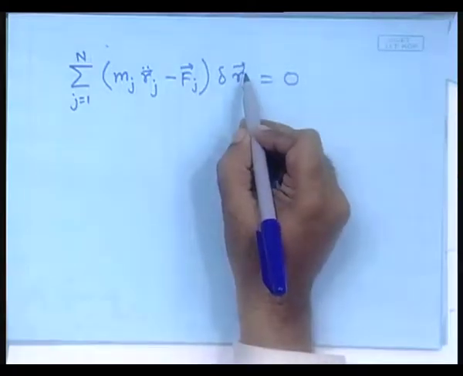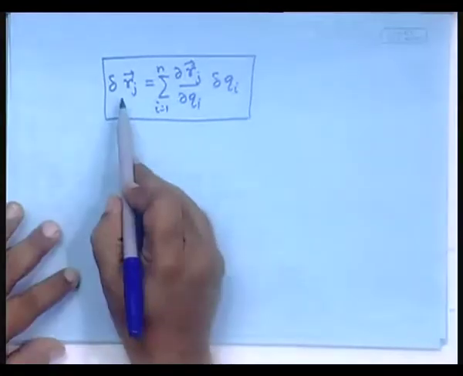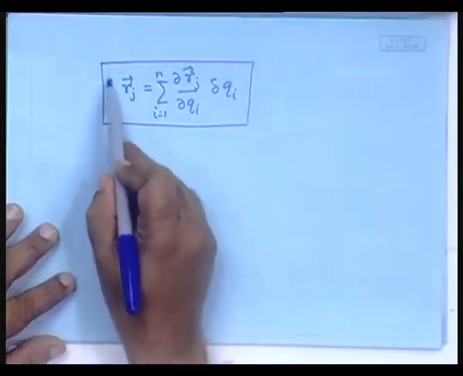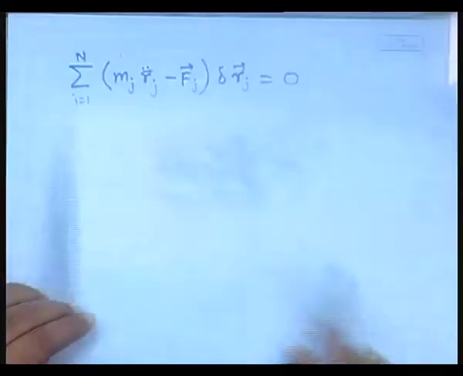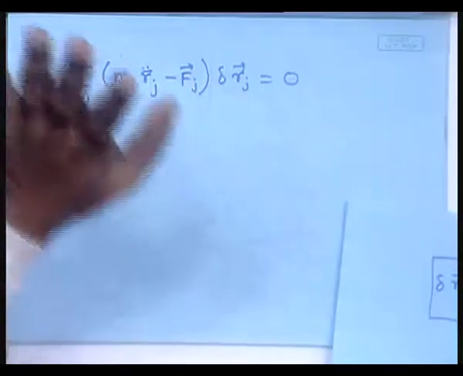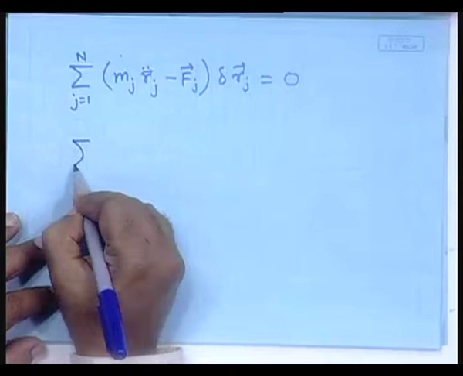Now, we have obtained something about how the generalized admissible motion transforms. We obtained that, and that is what we need to substitute here, as the first step. So, we substitute what we have. You can also substitute on your copies.